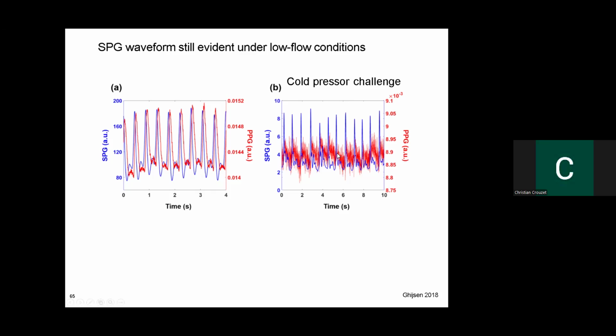But as soon as you start having vasoconstriction, the SPG signal, in blue, is still quite robust. You're still able to completely resolve the heart rate. However, the PPG signal becomes quite noisy over time, and it's really hard to utilize it for anything unless you do a lot of signal processing, whereas the SPG needs very little processing, and sometimes you don't even need to do anything at all.